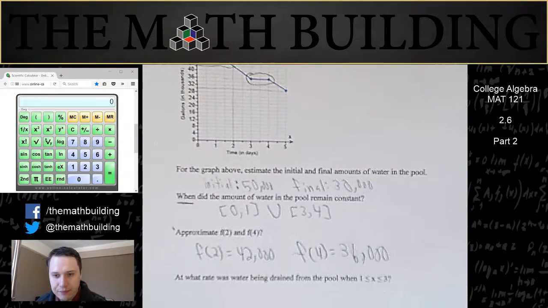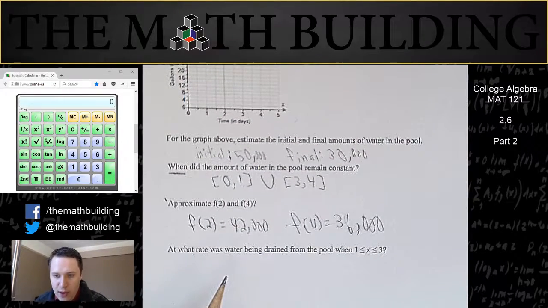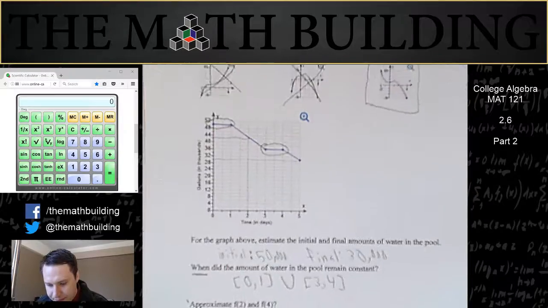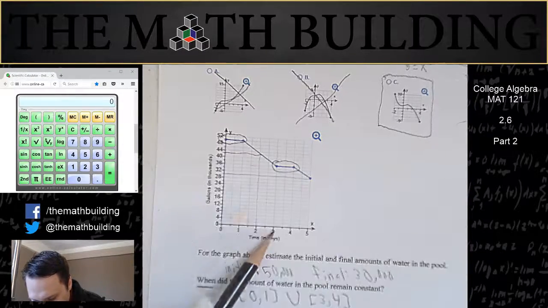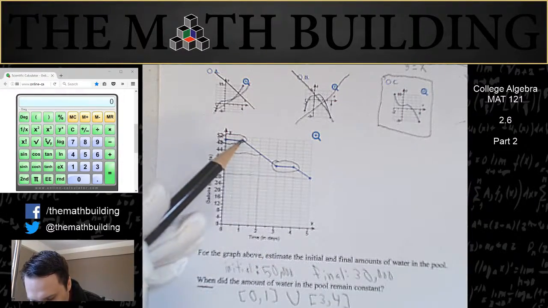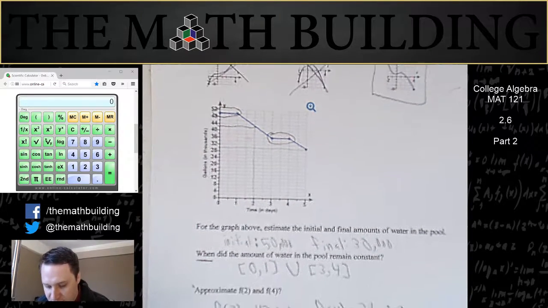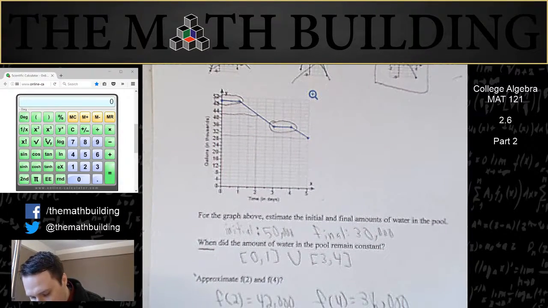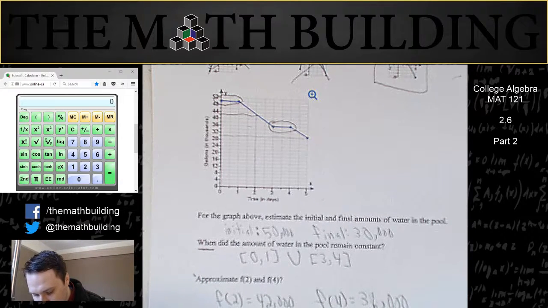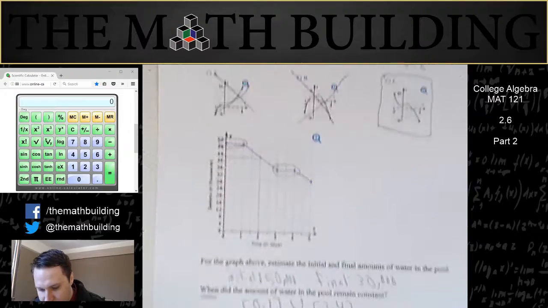At what rate was water being drained from the pool when x was between 1 and 3? So let's look at that. From x going from 1 to 3, we see that we were falling. And so what we should actually do is use the slope formula here to figure this out. So remember, we're trying to find the slope, which will be y2 minus y1 divided by x2 minus x1.